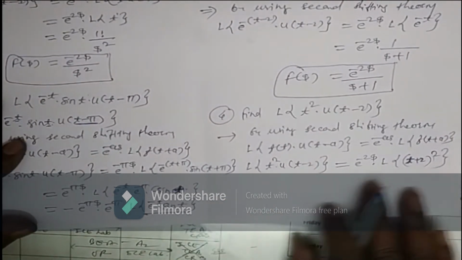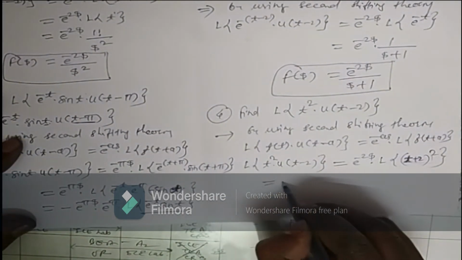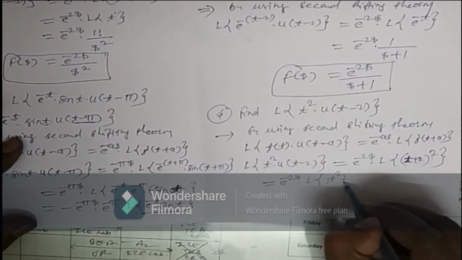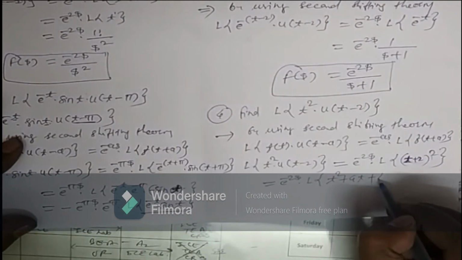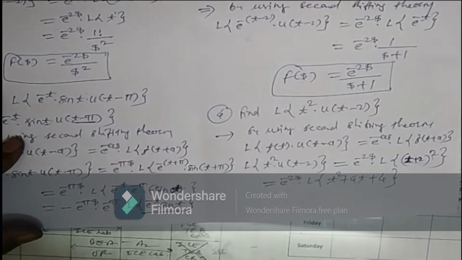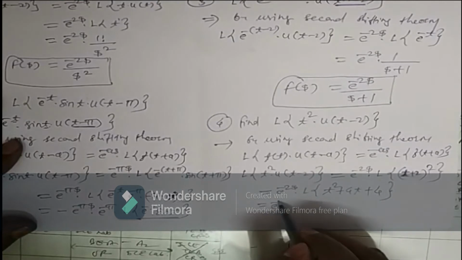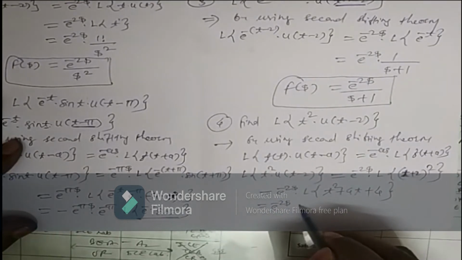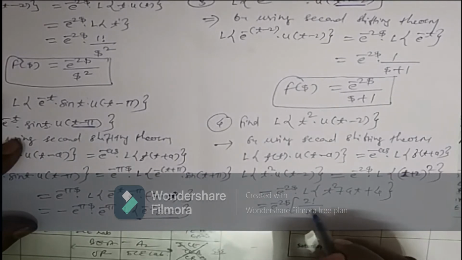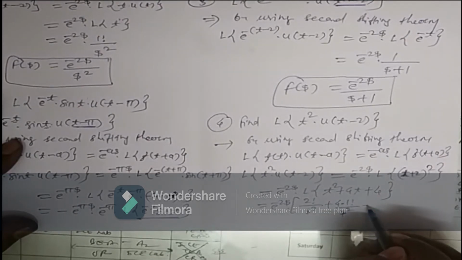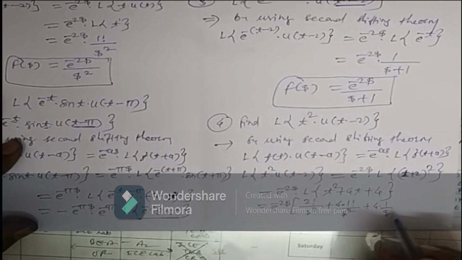Okay, so now if you simplify this further, what we get? e raised to minus 2s into Laplace transform of t square plus 4t plus 4. Now if you take the Laplace transform of this, what we get? So e raised to minus 2s into Laplace transform of t square is 2 factorial upon s raised to 3, plus 4 into 1 factorial upon s raised to 2, plus 4 into 1 by s.